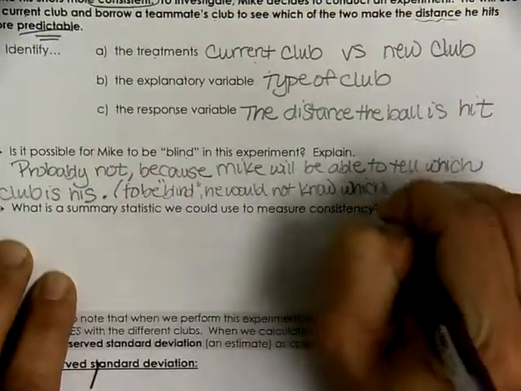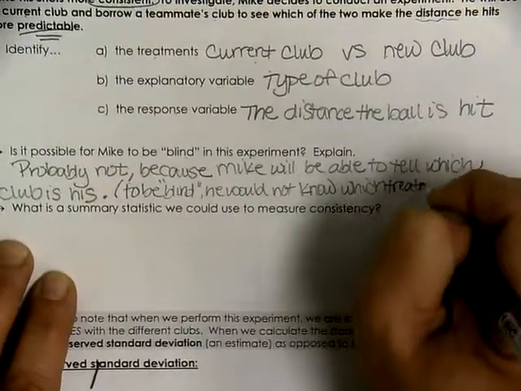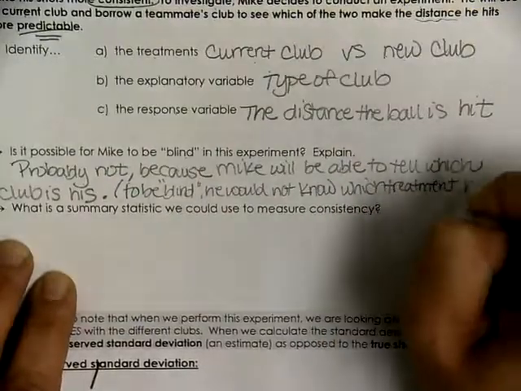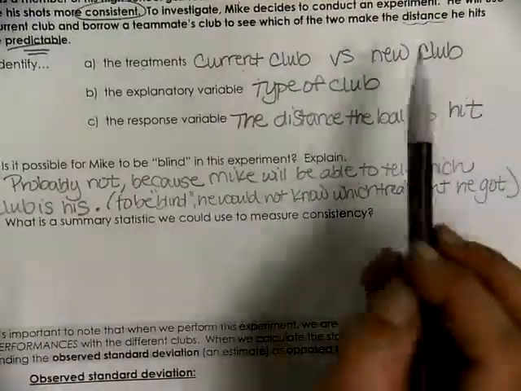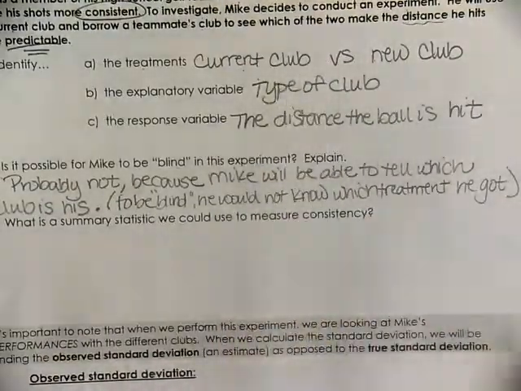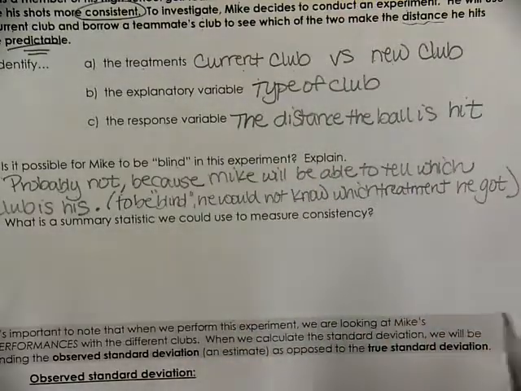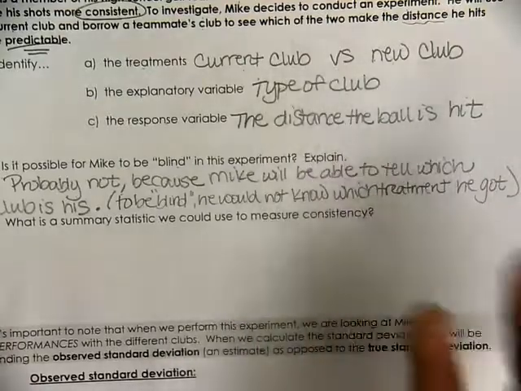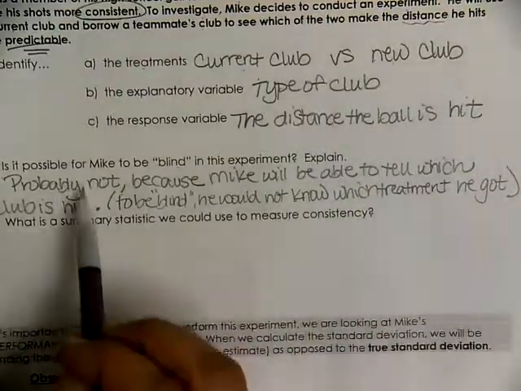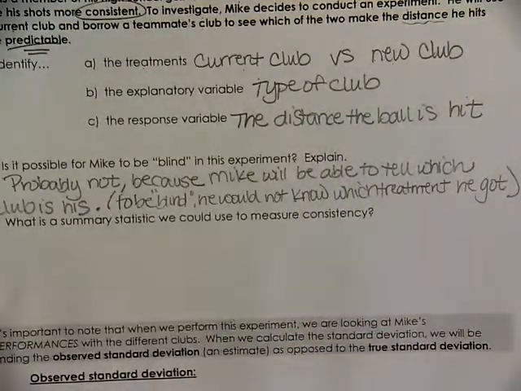So that's something that some of us struggled with before, the idea of being blind. To be blind would mean that he wouldn't be able to tell if the club he was using was his or his teammate's. And since he's probably used to his club and what it looks like and all of the intricate details about it, that's why I would think he probably wouldn't be able to be blind.